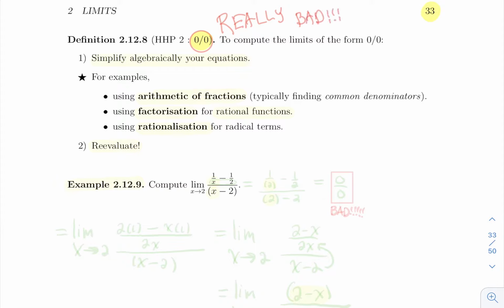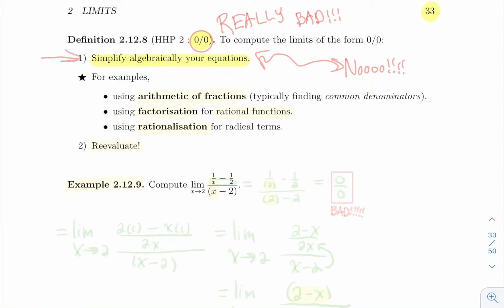And typically, people have difficulties when you have to do algebra. In our cases, if we want to compute the limits of those zero over zero cases, the core philosophy is you need to simplify your equations algebraically.